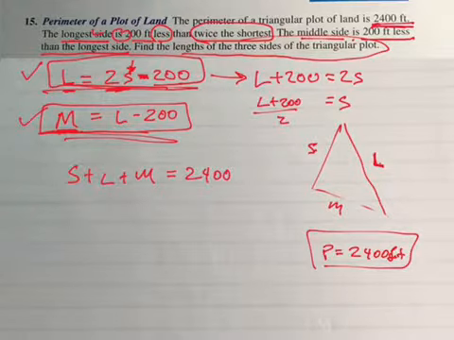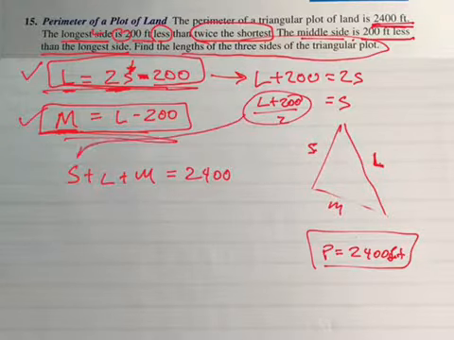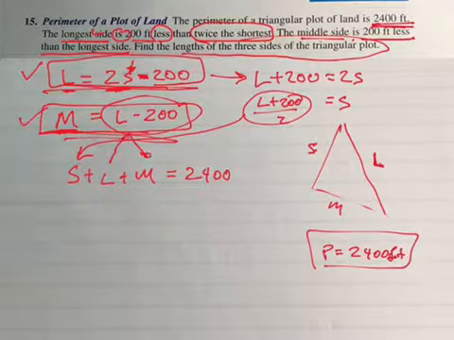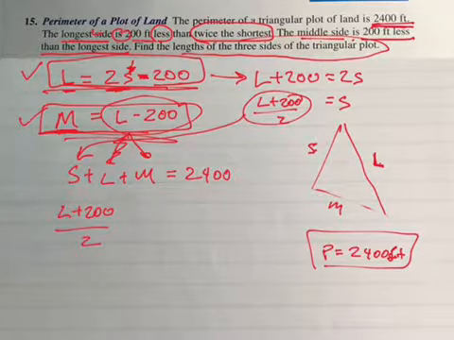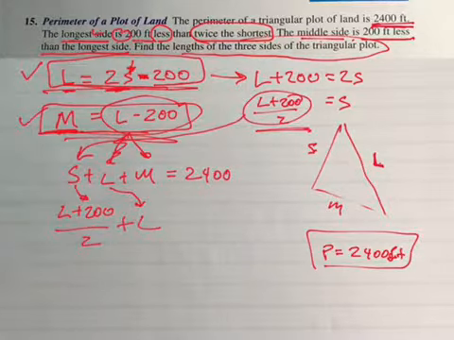Why would I do that, you ask? Because now when I plug this in for S, and when I plug this in for M, look what I have. I'm rewriting S in terms of L, plus L, that's this, right? So this is S, because that's what it says up here.